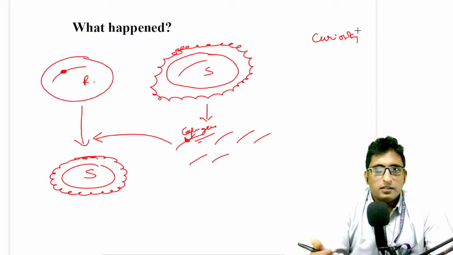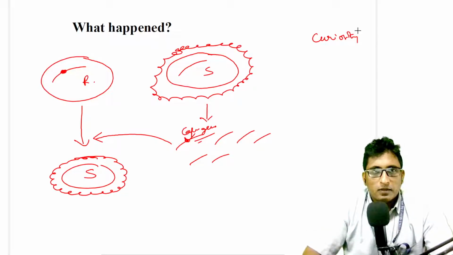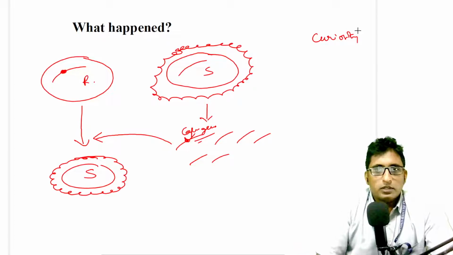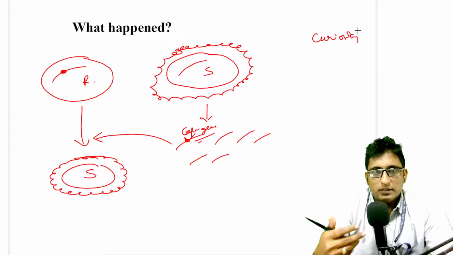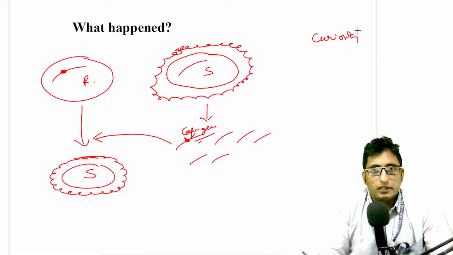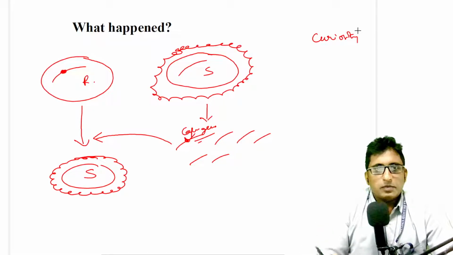He has designed the experiments very well, and he has not left anything out of observation. These are some of the things we need to learn from the way these scientists keep thinking. That is about the transforming principle discovered by Griffith.